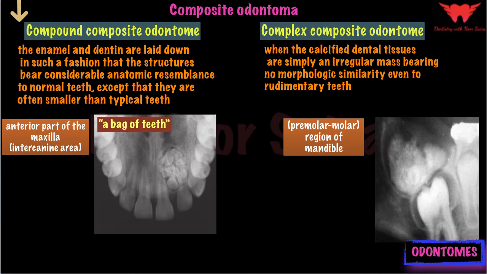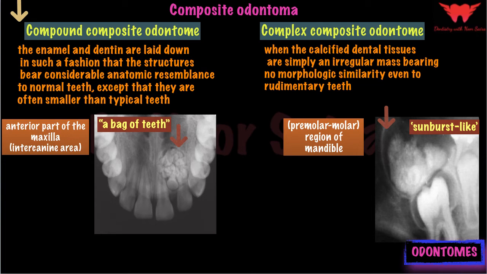Unlike that, the complex odontome radiographically appears as oval or round sunburst-like aggregated radiographic masses within the jaw. They do not produce any morphologically identifiable tooth or tooth-like structures. And both types of odontomes usually are surrounded by a thin radiolucent zone at the periphery which represents the capsule.